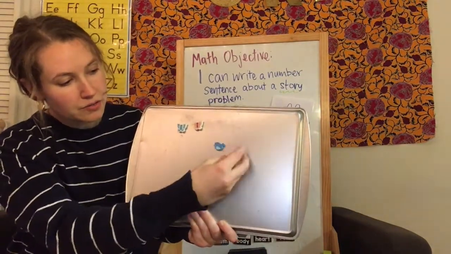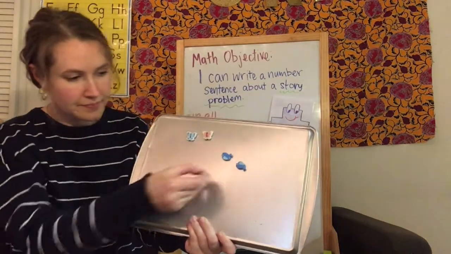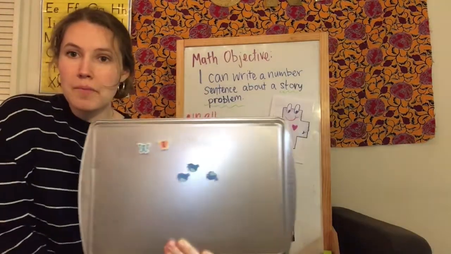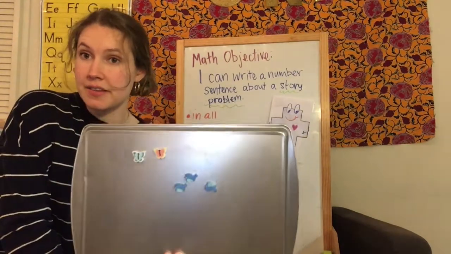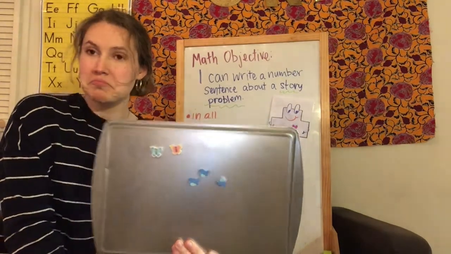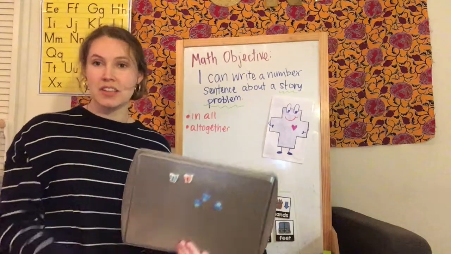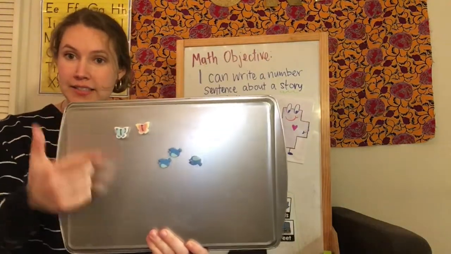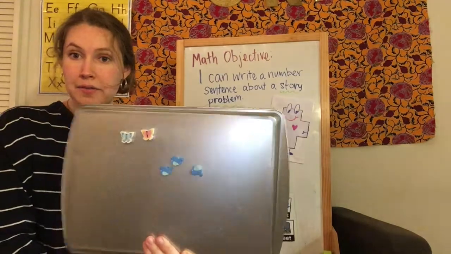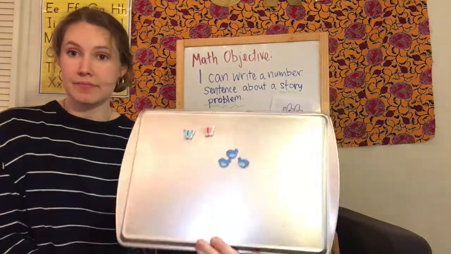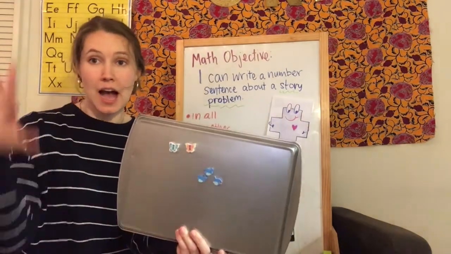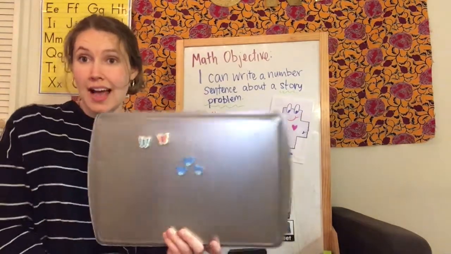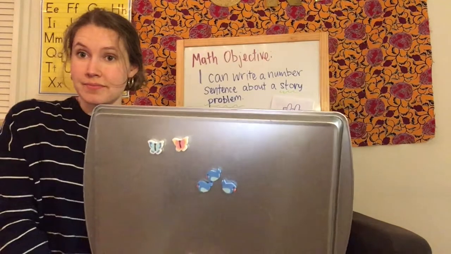The birds were also flying in the sky. How many animals were flying in the sky all together? So you heard about two butterflies and you heard about three birds, and they're flying in the sky. And I'm asking how many in all are flying? How many are flying all together?